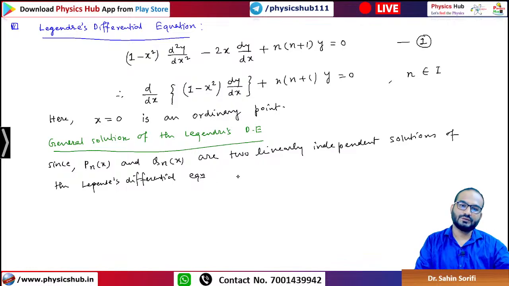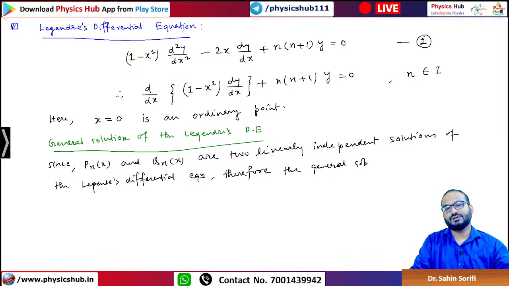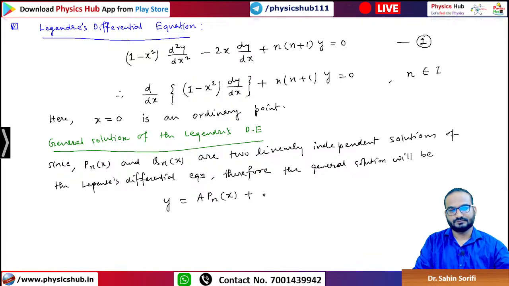The linear combination will also be a solution. The general solution will be any linear combination of these two independent solutions, where A and B are arbitrary constants.